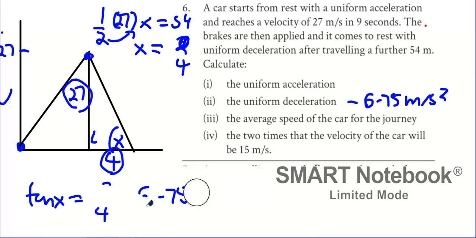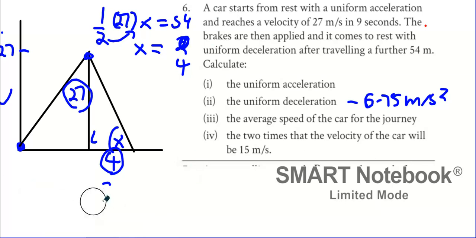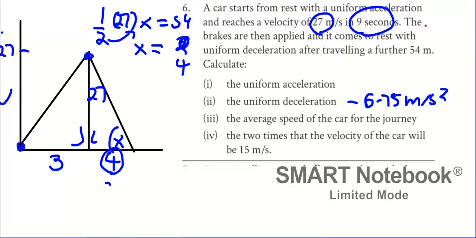Okay. Now, next thing I'm going to attack is the acceleration. It says acceleration was 27 meters in how much seconds? 27 in 3 seconds, wasn't it? 27, oh sorry, in 9, I thought, 9. Now, what's the tan of that angle?